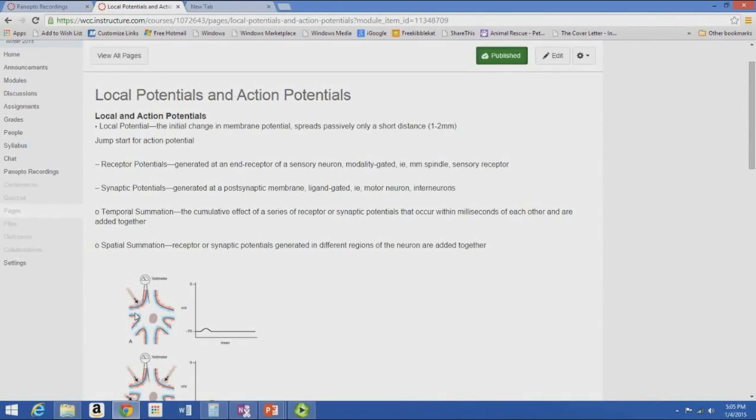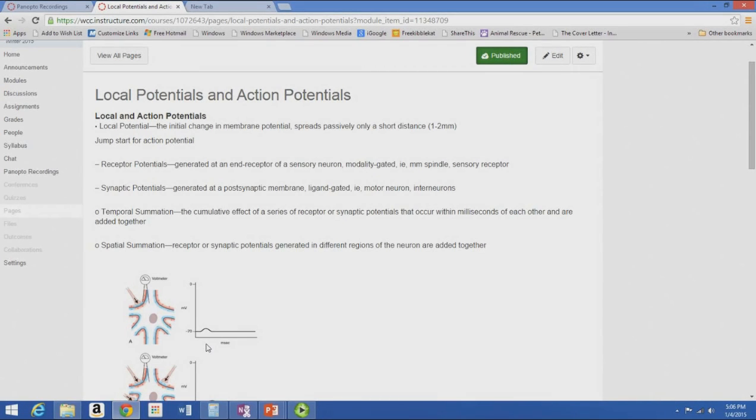It changes the charge just in that one little local area of the cell. Here we are at minus 70 millivolts, and we get this little blip. Tiny little blip, a tiny little depolarization. But it's not enough of a depolarization to generate an action potential that is then going to propagate down the cell. It's little, but it's not enough to actually fire the neuron.